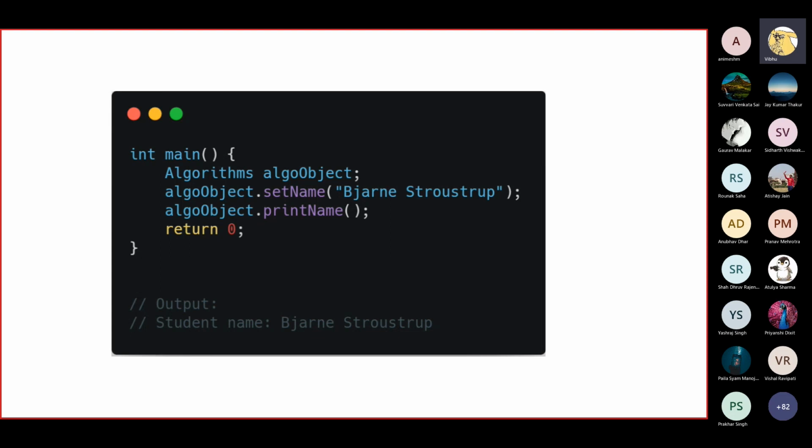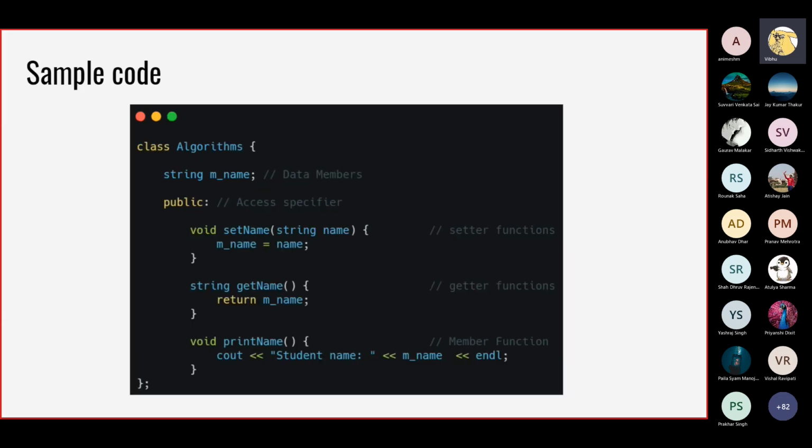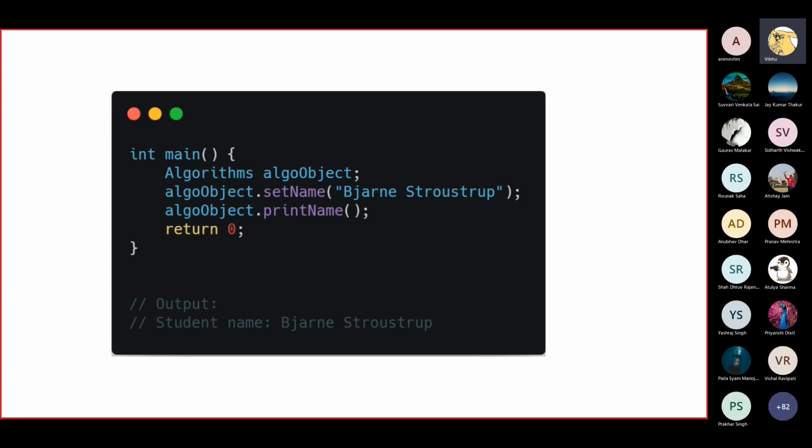So this is how you use a class. Just like you would declare an integer variable, you can declare an object of class algorithms, or algo object, and then you can call the public methods on this object. setName, getName, and printName are under the access specifier public, so they can be accessed from outside the class definition, such as by declaring an object and calling that function.